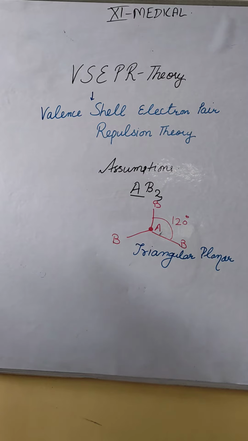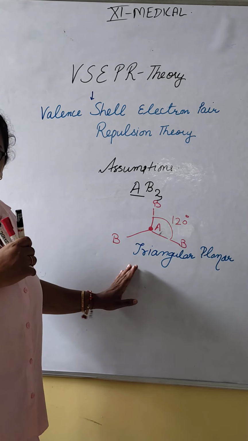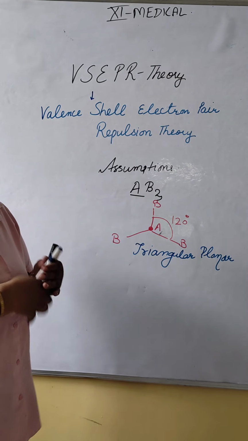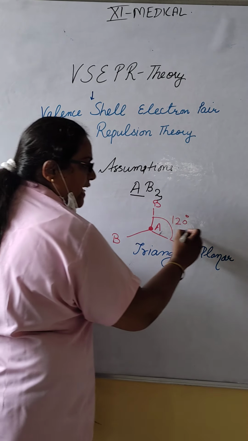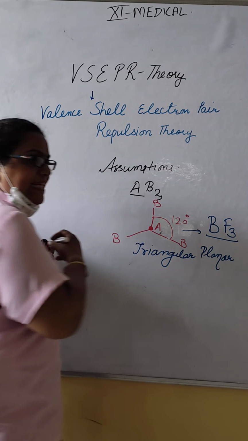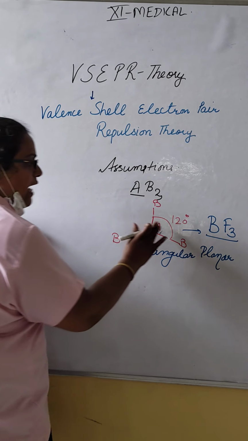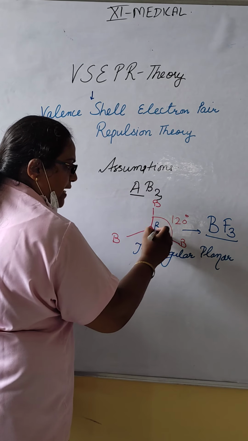First I am taking all those cases in which only bond pairs are present. These are all bond pairs. Like I will take the case of BF3. What is your central atom? B. And what are your terminal atoms?